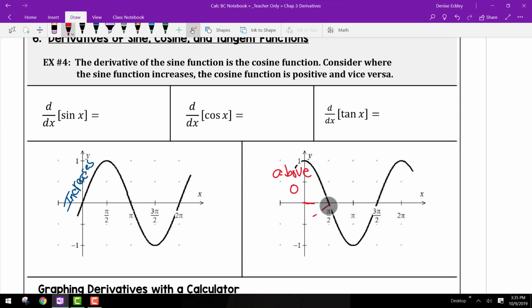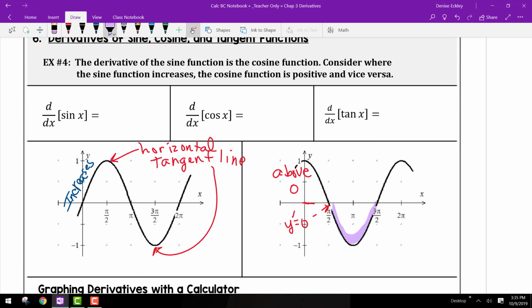And then right here, you're going to have y prime equal to 0 here if this is a derivative graph, which corresponds to a horizontal tangent line here. And that is also true at 3 pi over 2. So then if you notice that this section of the graph of the derivative is negative, and that's where we are decreasing in the sine graph. So our derivative should be negative there.